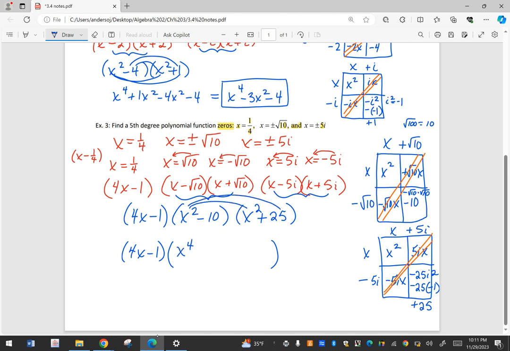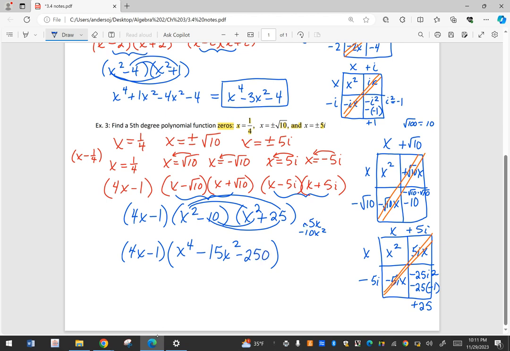Outside and inside, that's going to give me 25x squared, and then the inside would give me a negative 10x squared. So that would actually end up giving me a negative 15x squared. Well, of course, then I'm going to have negative 10 times 25, which would give me negative 250.